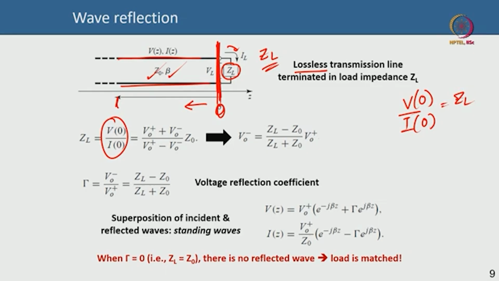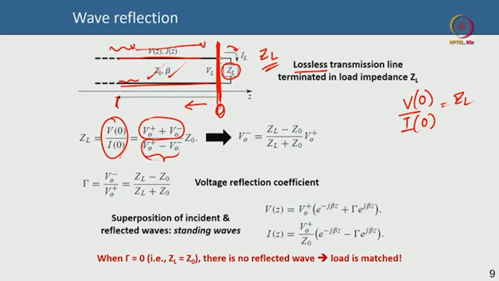Now, if I have an incoming wave of V0 plus and an outgoing or reflected wave of V0 minus, then I have to add them together because the voltages are adding up. However, for the current, you have to subtract because you are talking about a potential difference. There is a voltage that is coming, V0 plus, and a voltage that is going out, V0 minus.